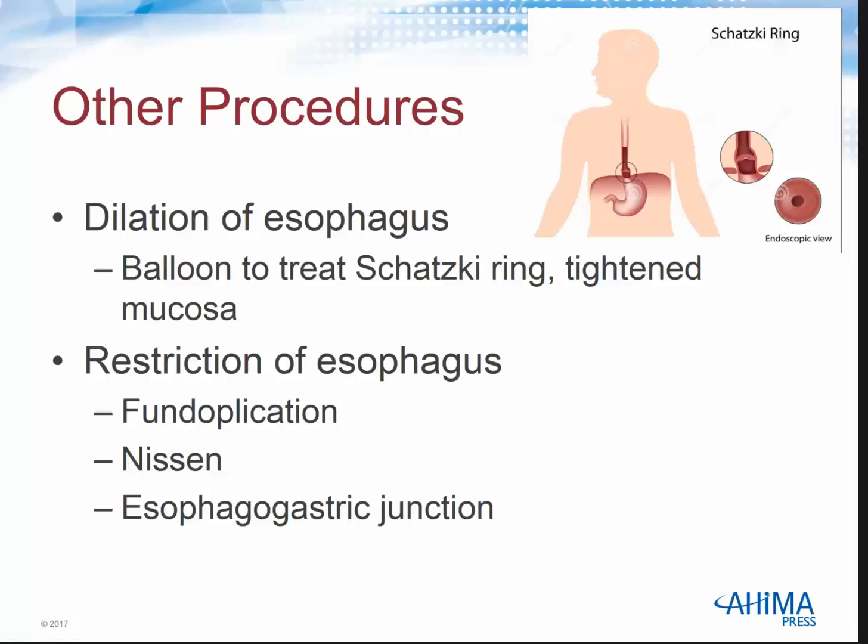A Schatzki's ring, as she notes in your textbook, is an anatomical fact. It's a way of talking about anatomical rings that are inside the patient's body, due to whatever reason they got there, but it is not an external man-made device.